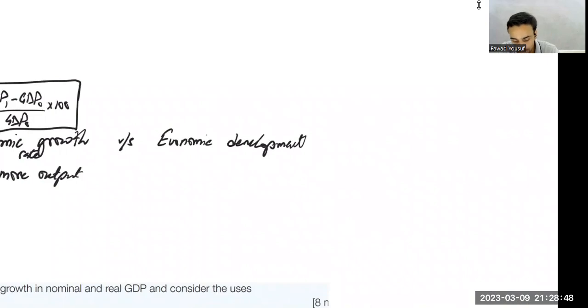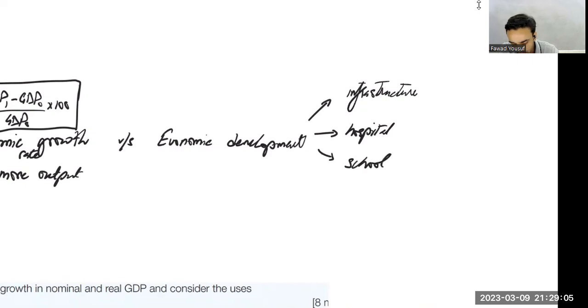Economic development is about improving living standards of all citizens in the country. How do you do that? By improving the infrastructure. What else? By making hospitals and making them accessible for everyone, or maybe schools and colleges, or training facilities.